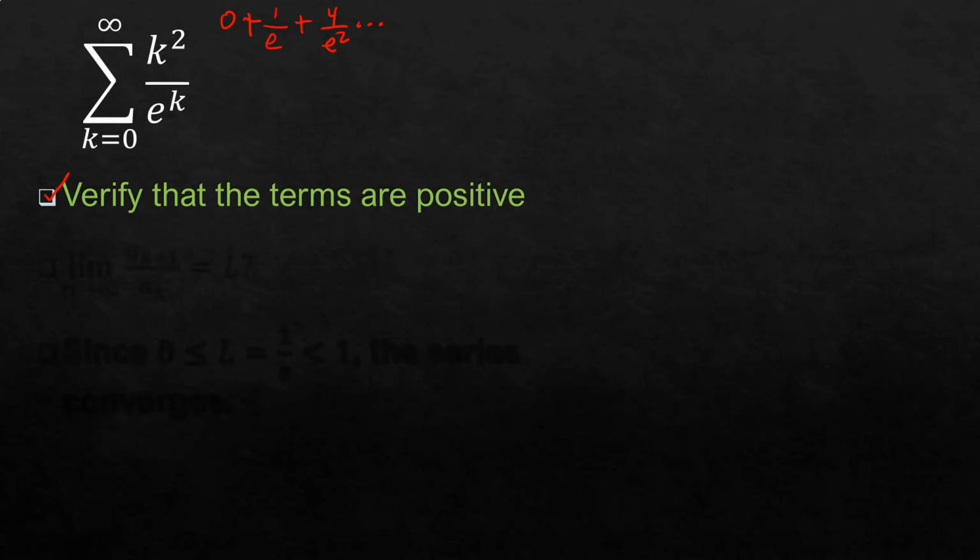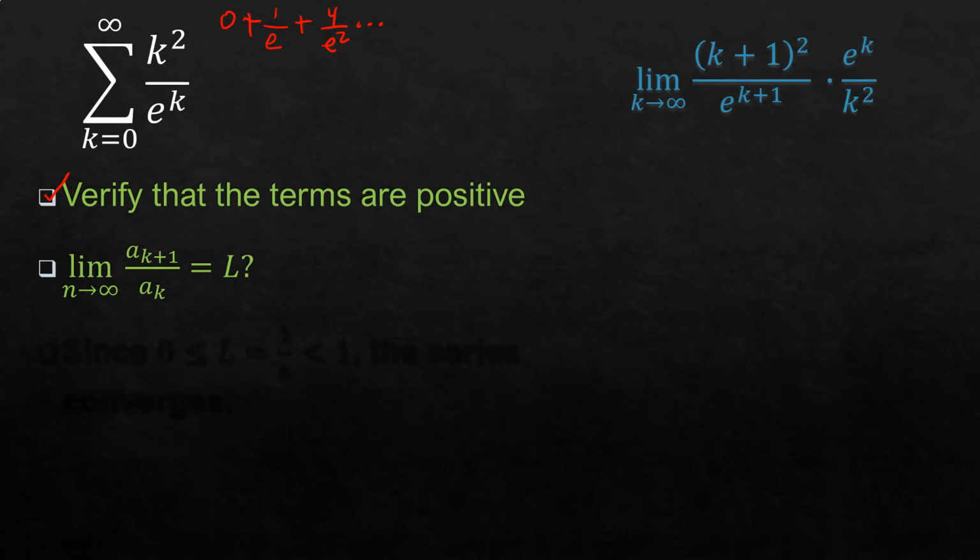Okay, so that's good. The second condition is, let's take the limit of the ratio of a sub k plus 1 divided by a sub k. Now, when you plug in k plus 1, this is what you will have. This is a sub k plus 1. Divided by means multiply by 1 over a sub k, right?